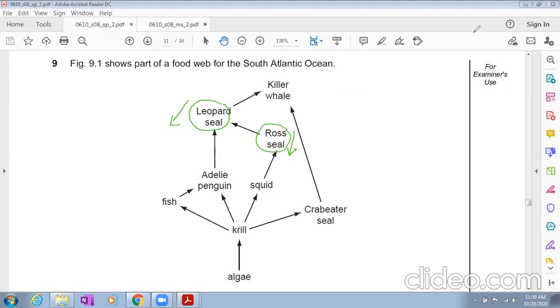Then the leopard seal will only depend on the Adelie penguin. And when it depends only on this, the Adelie penguin population will also start to decrease, because there is no other source of food for the leopard seal. But for our question, this explanation is enough.